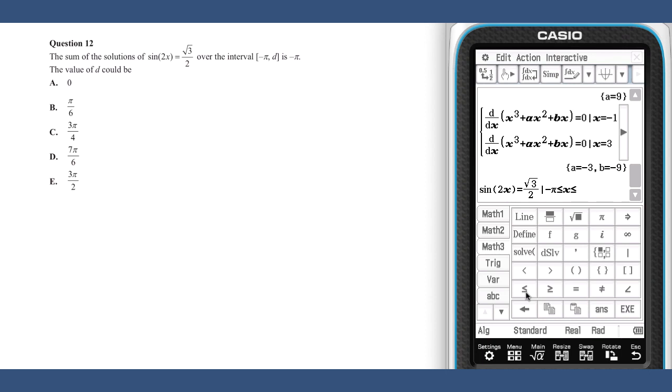Sine 2x will have 4 solutions for every increment of 2 pi. Hence, if we go from, say, minus pi to 2 pi, we should get approximately 6 solutions, which may indeed give us the number that we need to sum. So that's a good place to start.